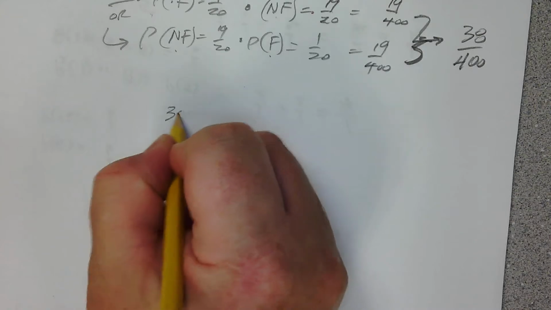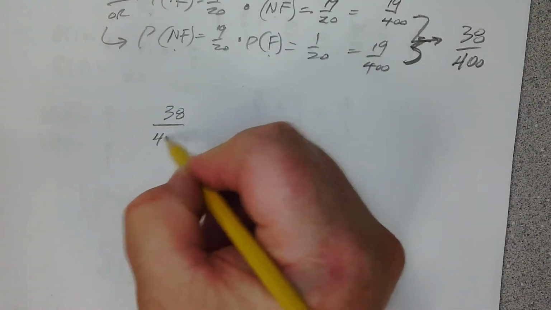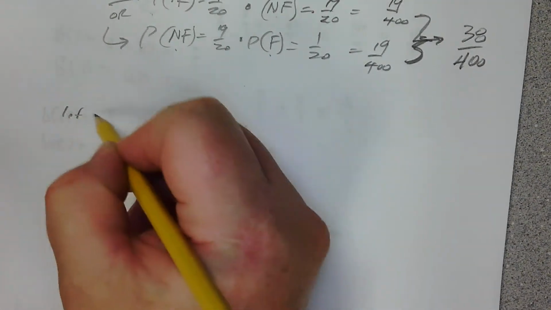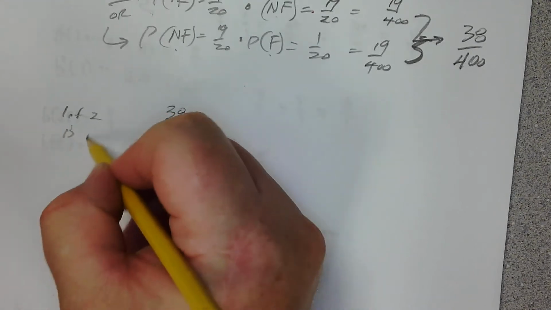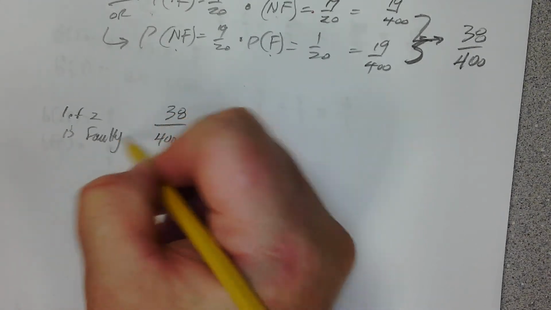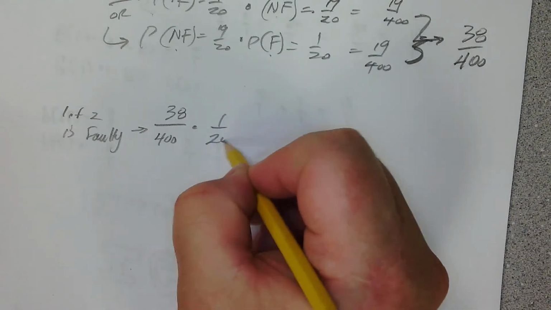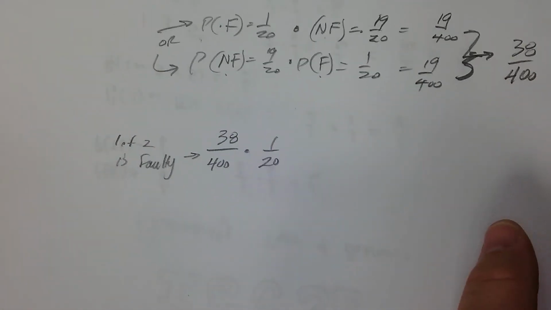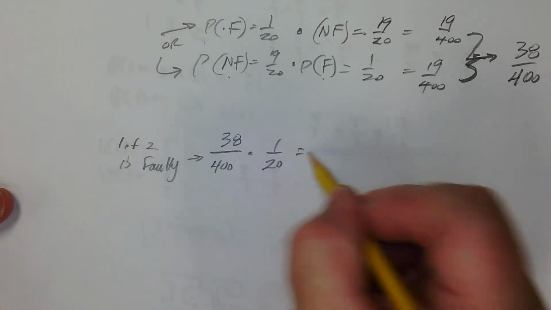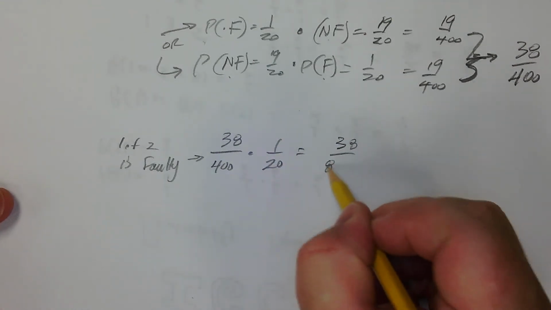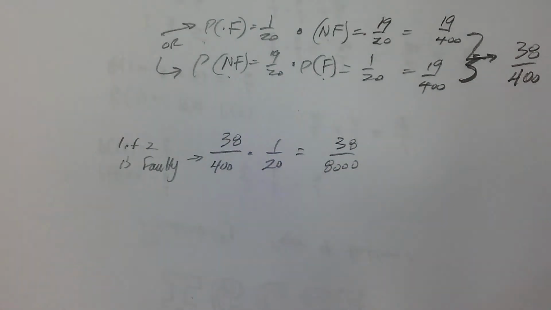This is exactly one of two is faulty. Right? Now the third is also faulty. Well, the probability that any random calculator is faulty is 1 out of 20. So it's going to be 38 out of 8,000. And of course, once again, you can reduce that, but you don't really need to. And that's it.